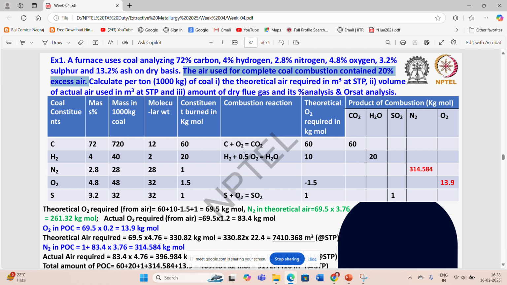Then based on this, we can create the product of combustion, like 60 moles of CO2, 20 moles of H2O, and N2, which was present in the fuel source itself and is also coming from the air which we are providing for the combustion process.